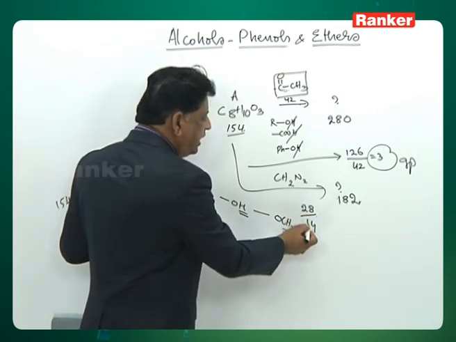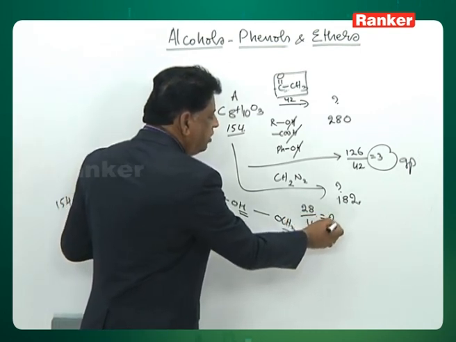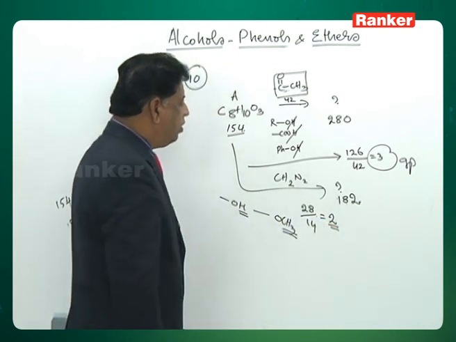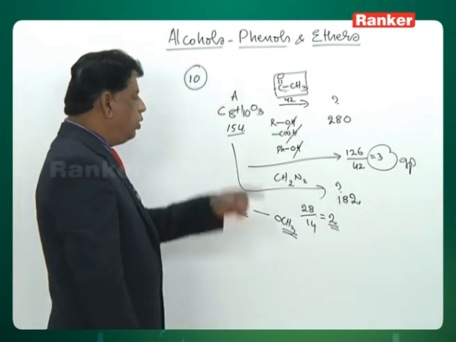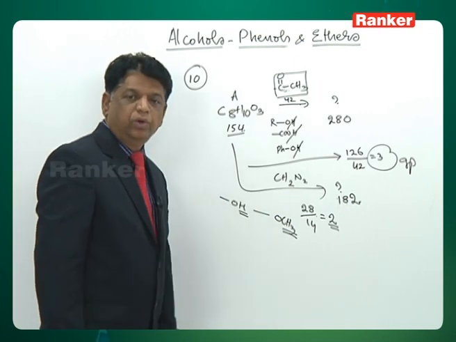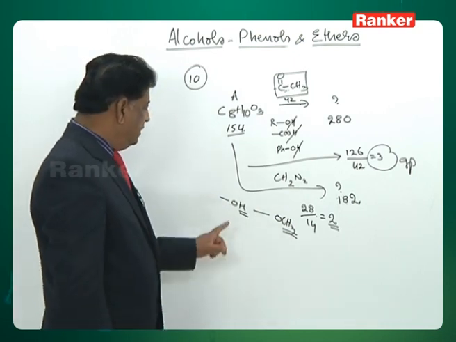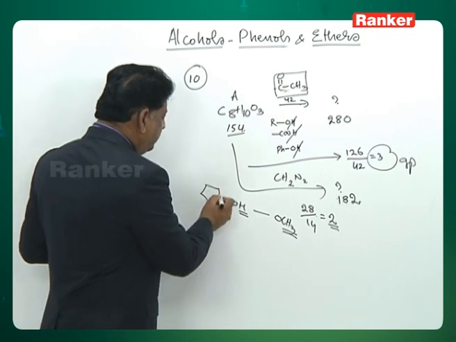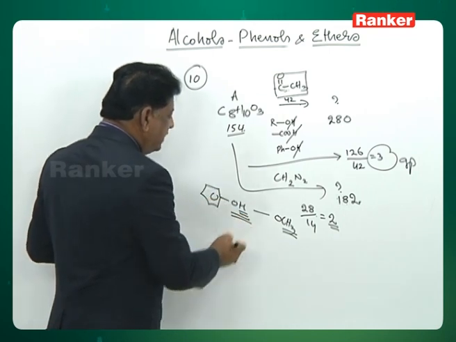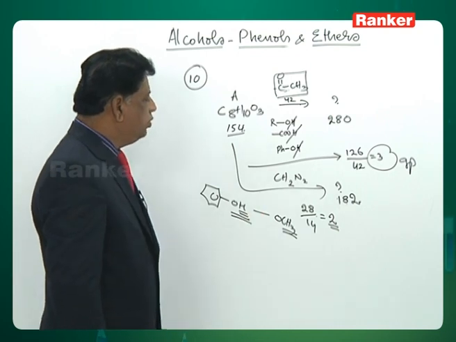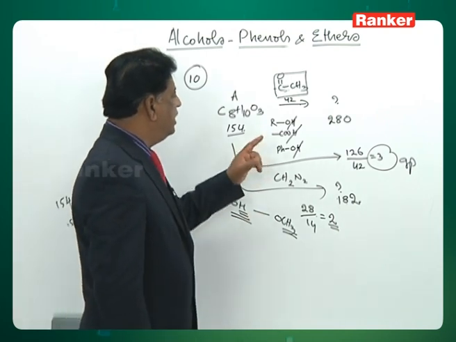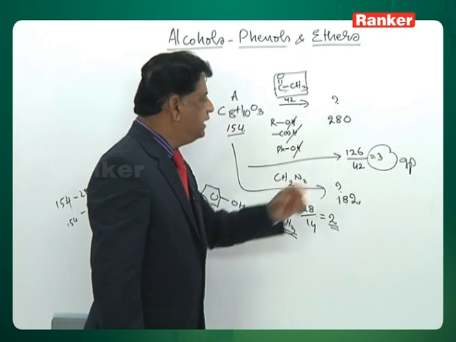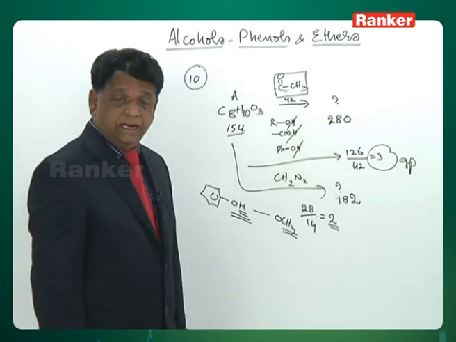So how many 14 AMU units? Only 2. Therefore here the phenolic units are 2, total units are 3. A phenol containing the OHs is phenolic OHs. The phenolic OHs are 2, and there is one alcoholic OH, so the total OHs are 3.